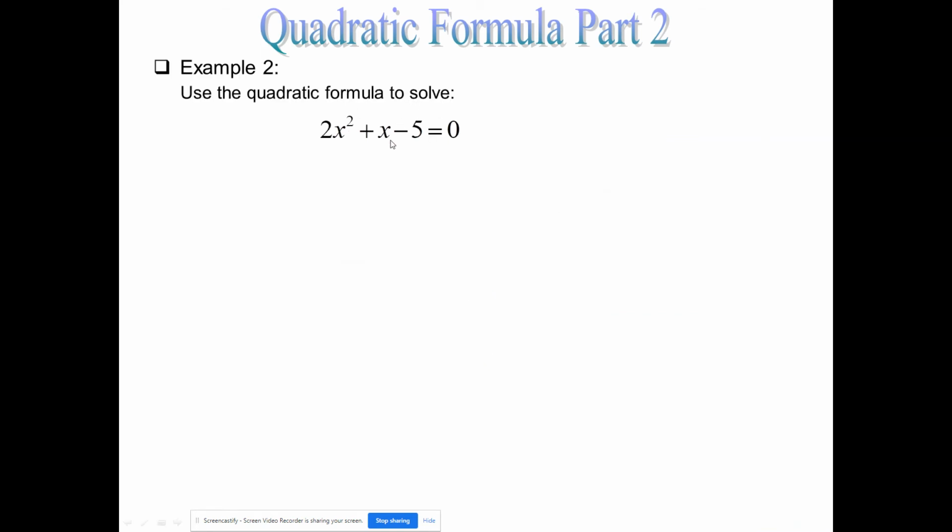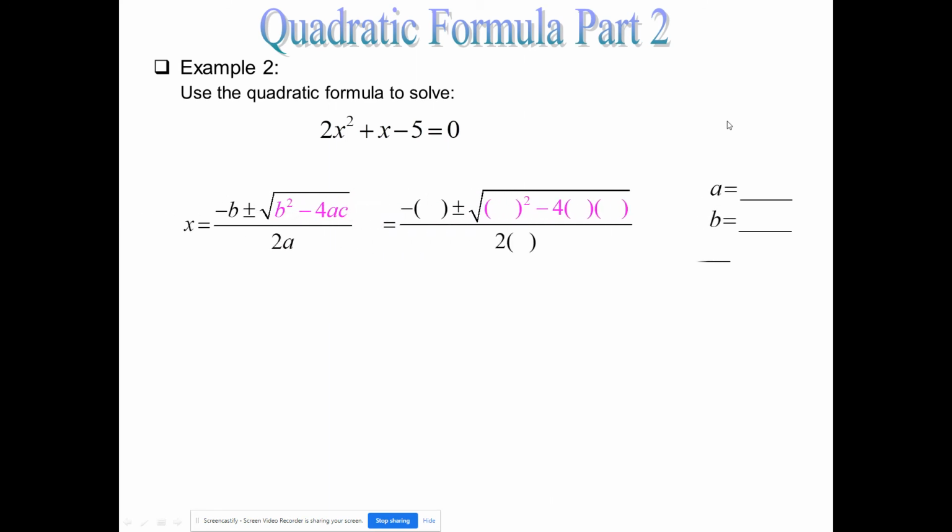All right, so same thing here. We're going to use the quadratic formula. So let's plug in our values. So my A is 2, B is 1, and C is negative 5. So B, I'm going to put a 1 there. Again, that's another B. Minus 4AC, so 2 times negative 5.